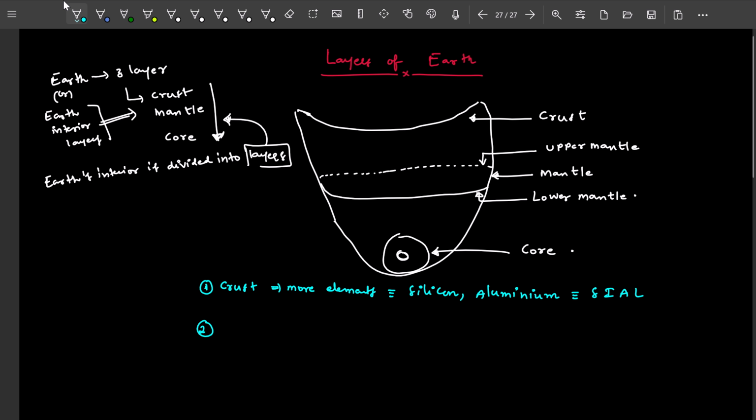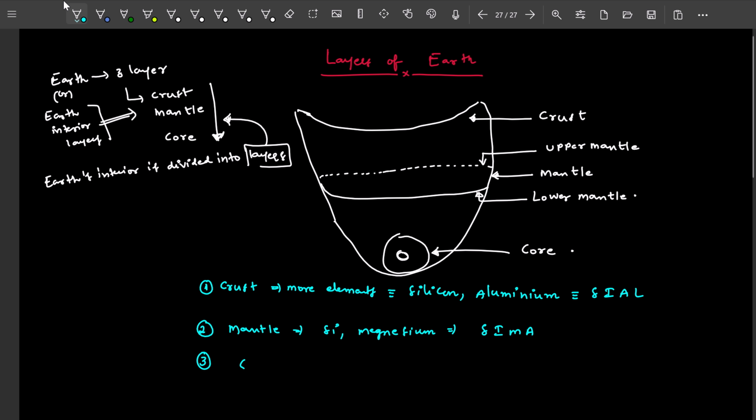Now the second one is the mantle. In the mantle the elements are silicon and magnesium, and hence it is called the Sima.